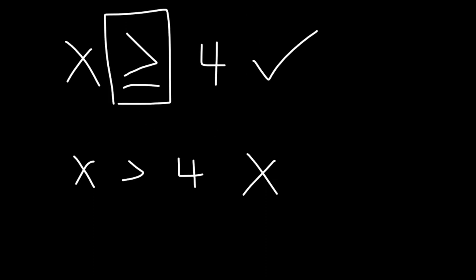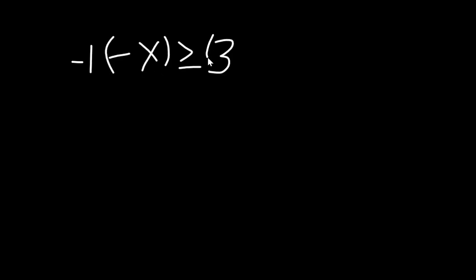Another thing to keep in mind, this is like the biggest part, when multiplying or dividing by a negative number, you have to flip the sign. For example, if we had negative x greater than or equal to 3, and we multiply by negative 1 to get rid of the negative sign, right?